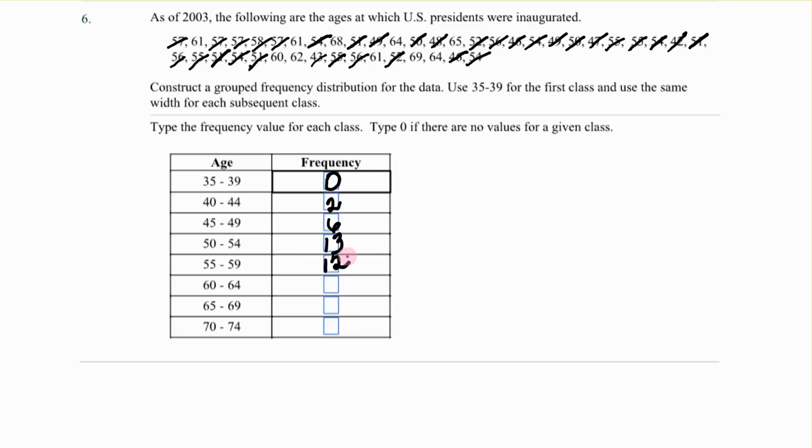I count these twice so that maybe I'll get them right, and I had previously counted it as 12. 60 to 64. 1, 2, 3, 4, 5, 6, 7.